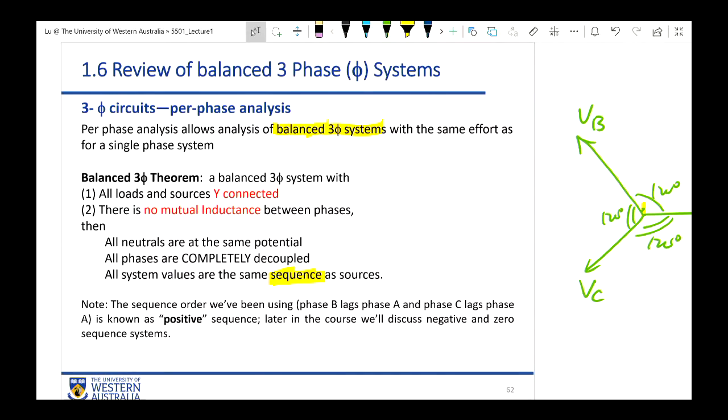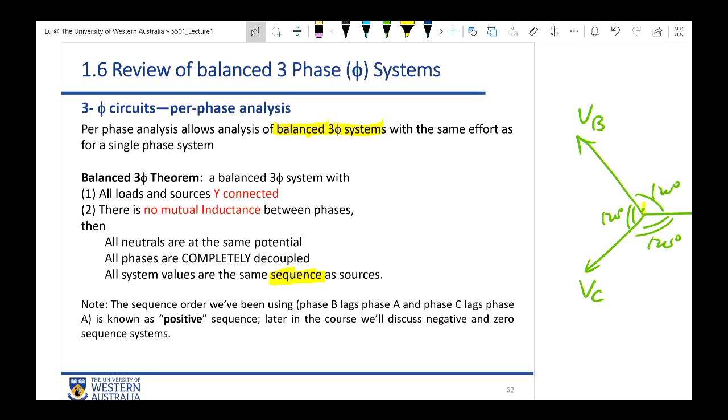So up to now, for all the systems we discussed up to maybe chapter 4, we assume they are all positive sequence or ABC sequence. Before moving on to the next slide, I want to remind you of one thing. Sorry, we made a small typo at the bottom of the slide.